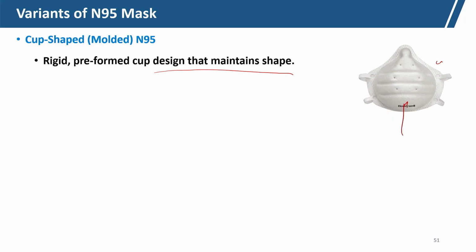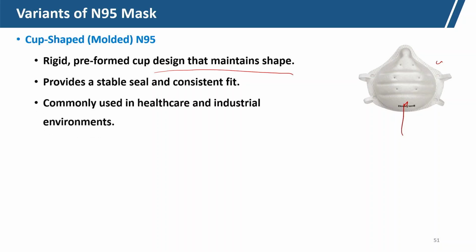So, in place of spun bonded, here we use the porous, rigid cup, which provides a stable seal and consistent fit. It is commonly used for healthcare and industrial environments.